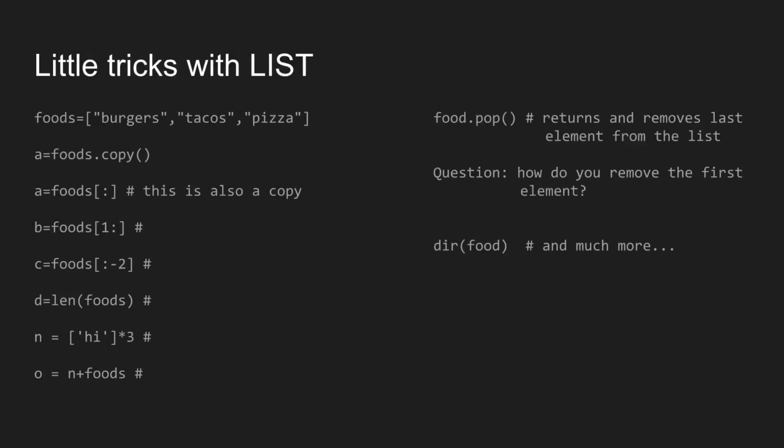And then here we have O equals N plus foods. So what are we doing here? Yeah, we're concatenating 2 lists together. List does have an append function, but that appends to the list.